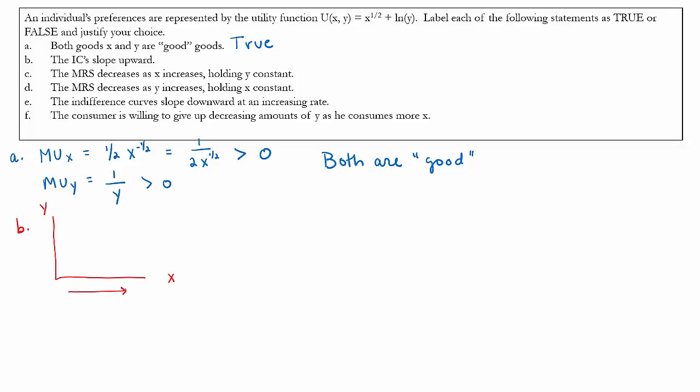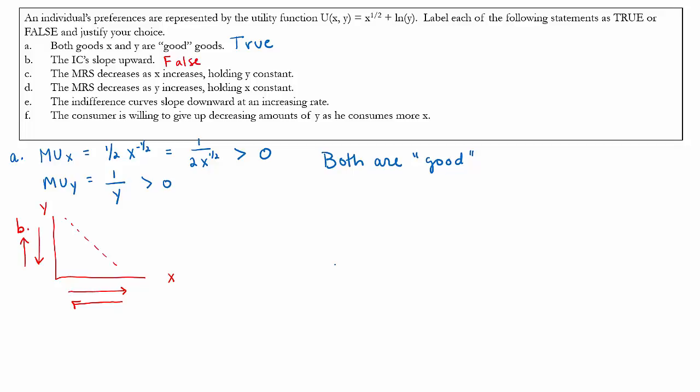So to be indifferent, to remain as well off, consumption of Y would have to go down. Or if consumption of X goes down, total utility would fall, so to remain as well off, consumption of the other good would have to go up. Indifference curves thus slope down, which makes statement B a false statement.